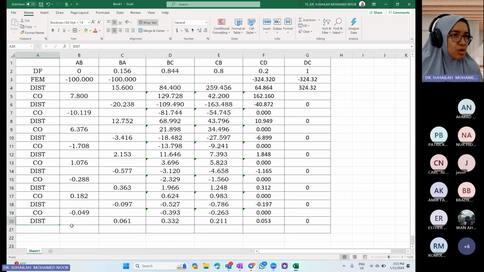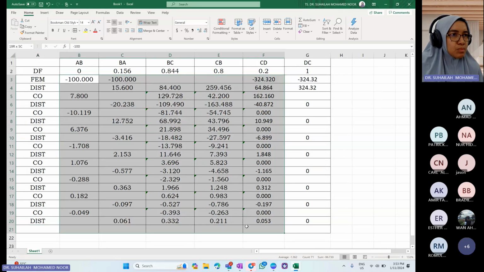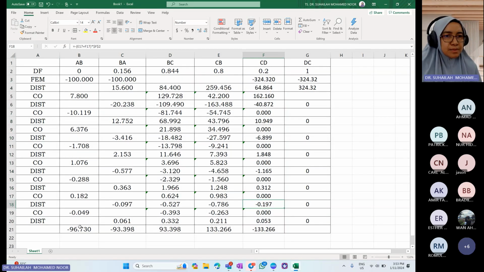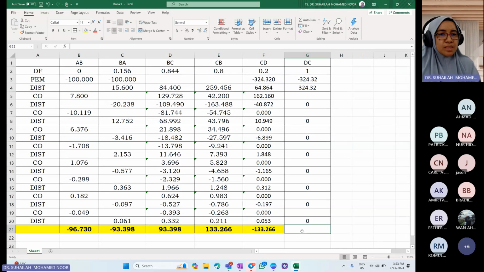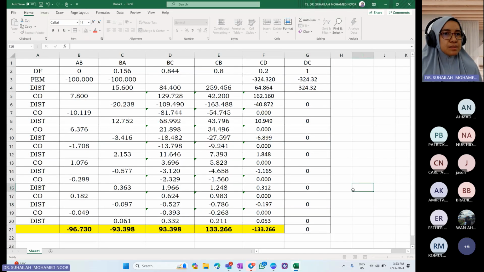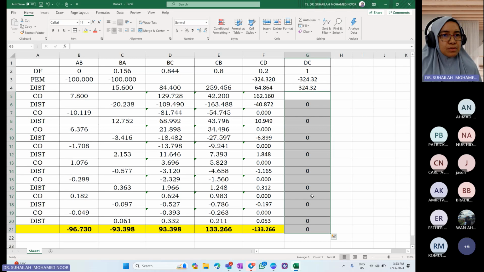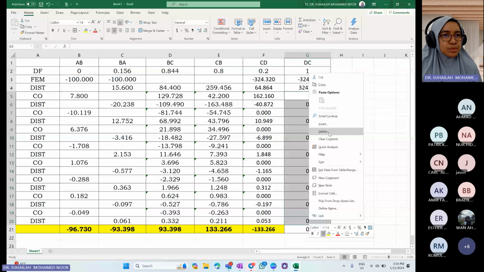So the total moment. Okay, ni yang last ni. So this is total moment, this is 0. Okay, ni 0. 0 ni saya remove. 0 ni also remove.